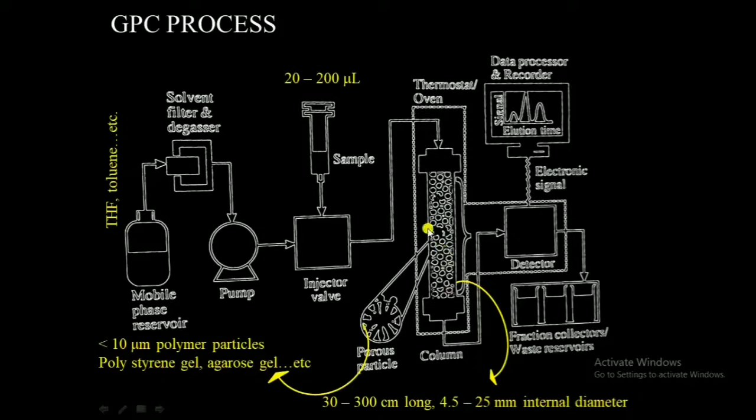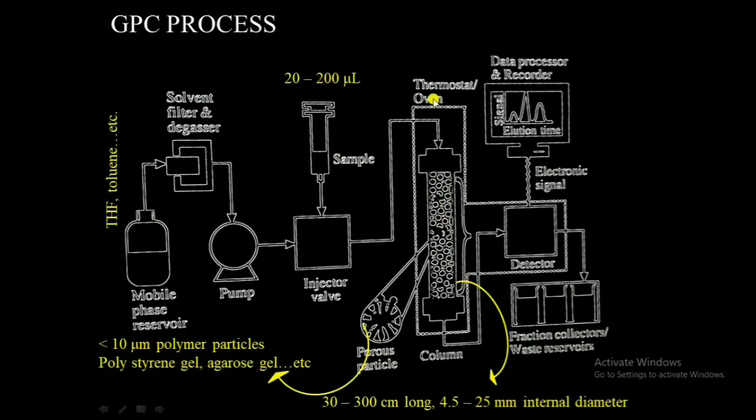If you take one of these particles in the column, it is a porous material, and the pore size is normally less than 10 micrometers. Normally we use polymer particles like polystyrene gel, agarose gels, and similar materials packed in this column.